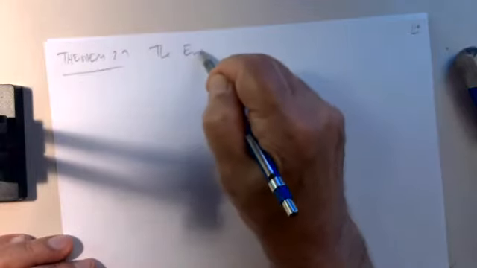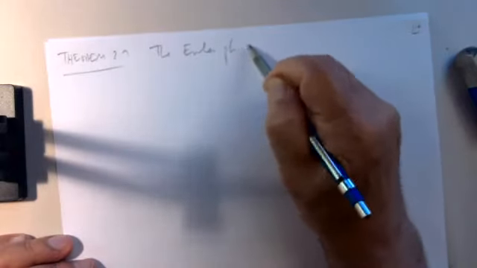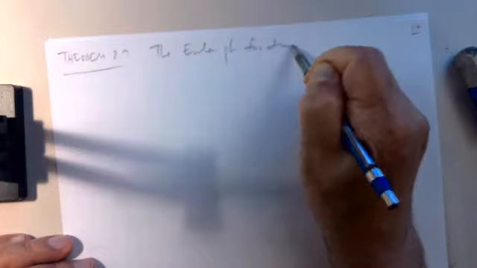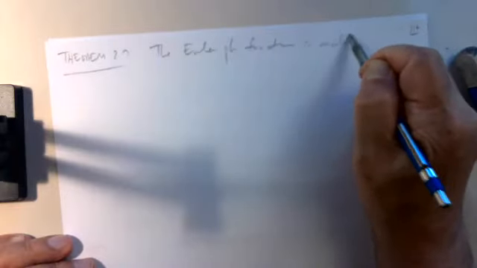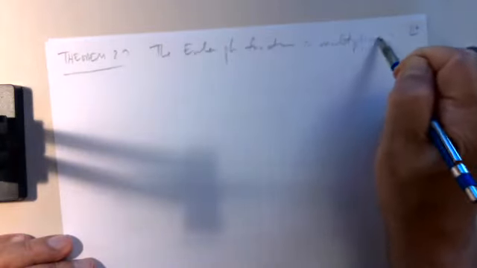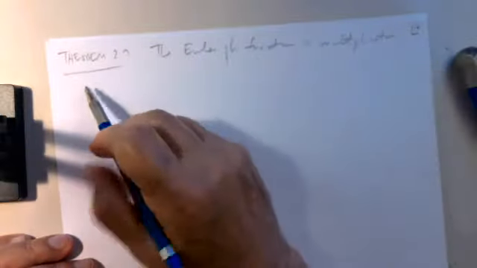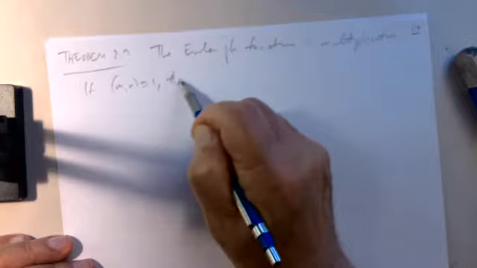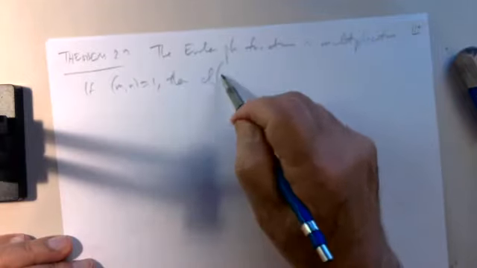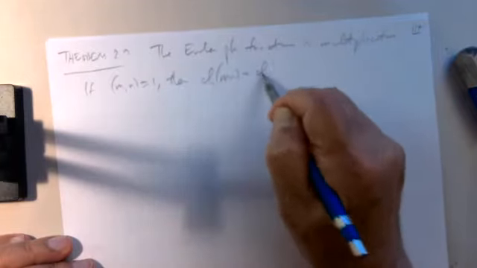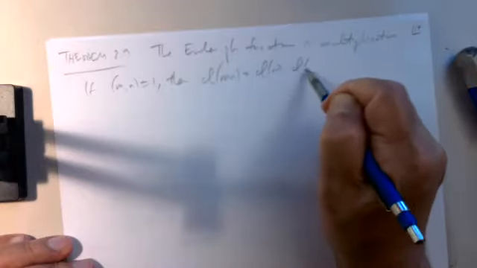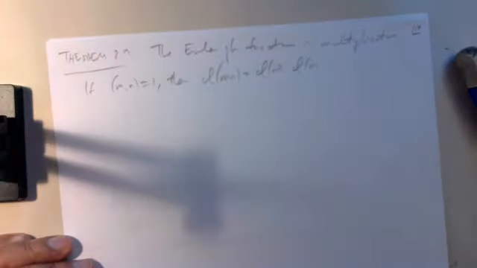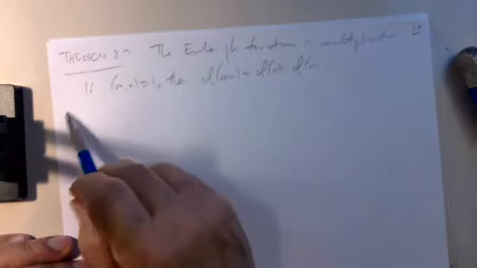The Euler phi function is multiplicative. What this means is that if M and N are relatively prime, then phi of the product, M times N, is phi of M times phi of N. That's the definition of multiplicativity.